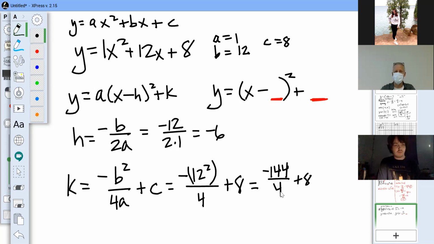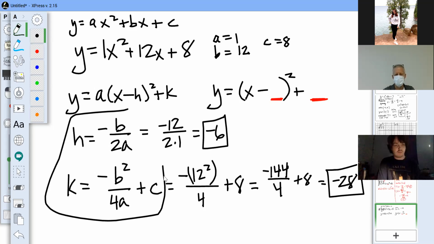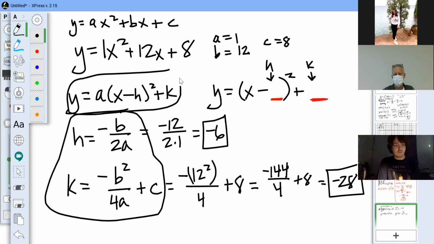That's -36 plus 8 is -28. That's my K value. There's my H value. I just plugged in the numbers from my quadratic into these two calculations.